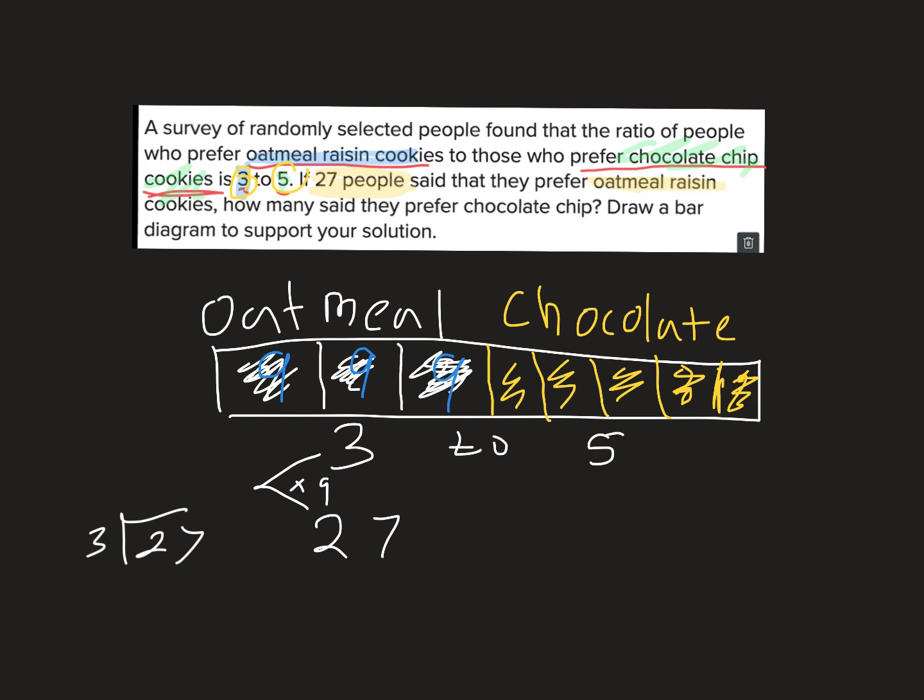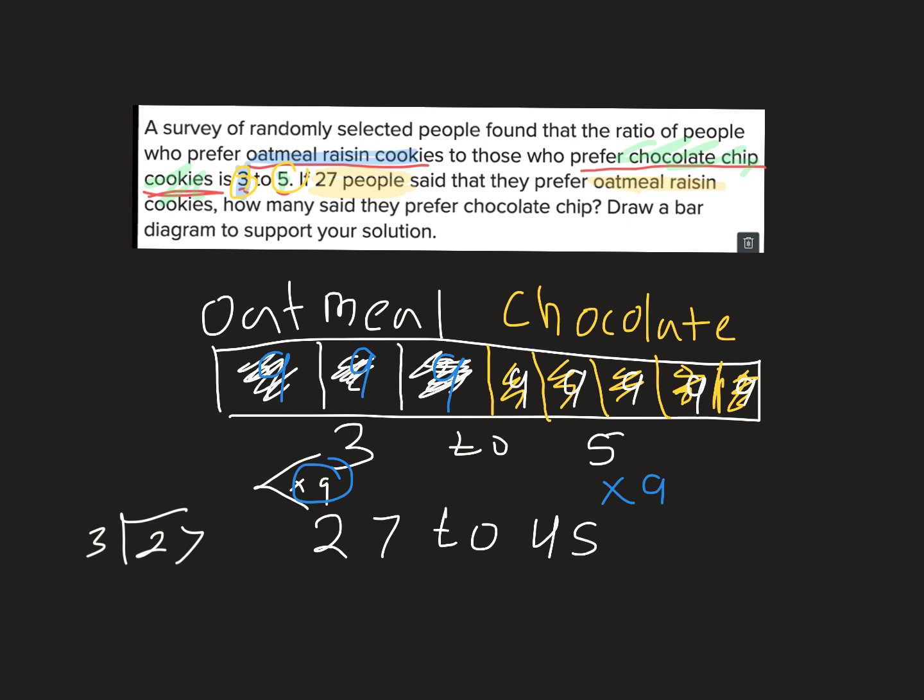Now, ratios are equivalent. So if I do one thing to one side, I'm going to do it to the other side, which means I'm going to multiply by 9 so that this has the same representation. 5 times 9 on my multiplication chart is, or I can count by 9s, but it's 45.